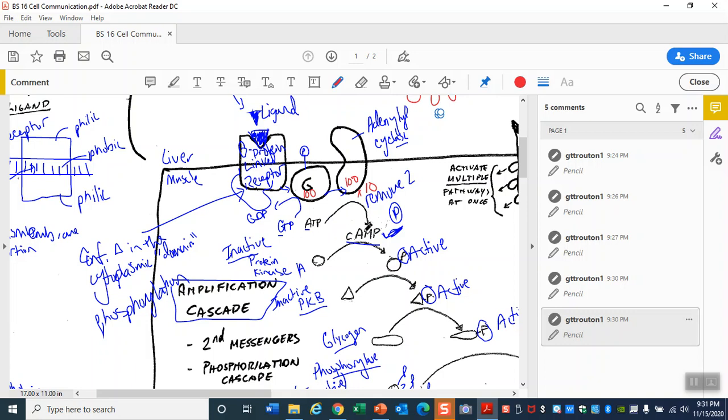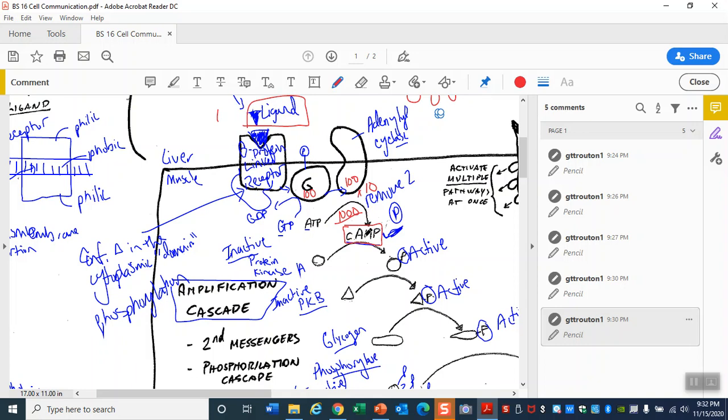So by the time you get to cyclic AMP, you've got 1,000 cyclic AMP little messengers here. Just from one ligand, one adrenaline molecule gets you 1,000 cyclic AMPs.